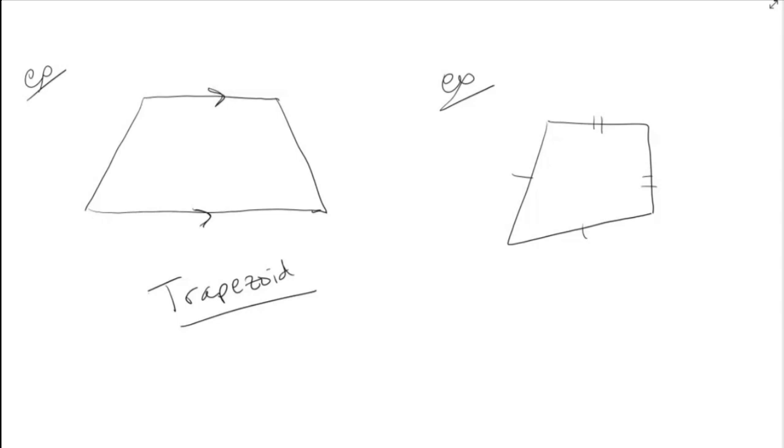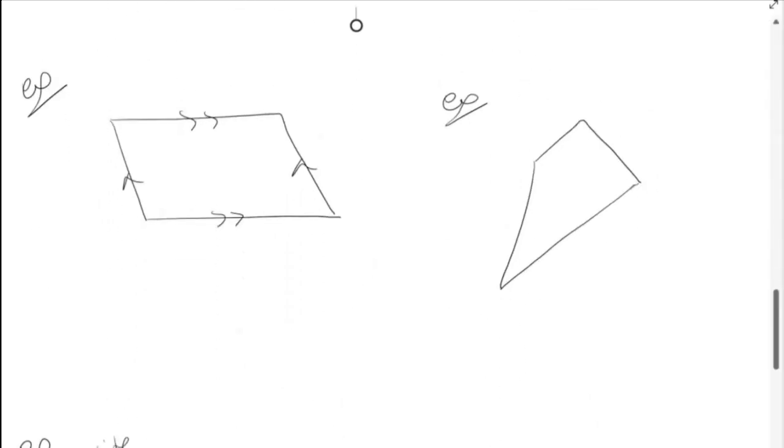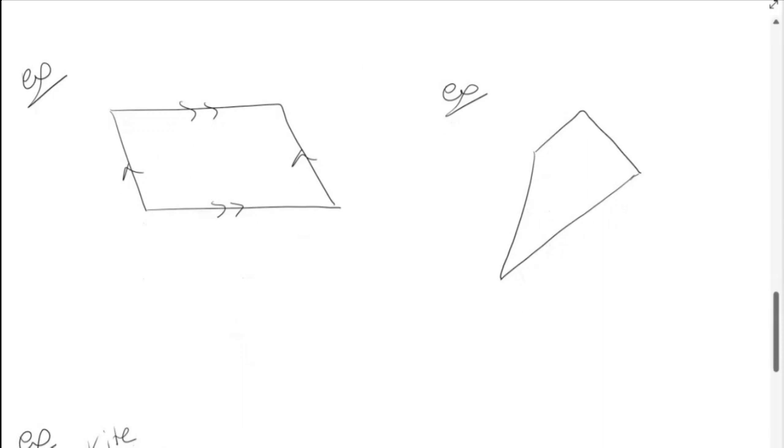Then next up, we have two sets of congruent sides that are adjacent and no parallel sides, making us a kite. All right. Finally, we have just 2 sets of parallel sides here. We don't know anything else, and so this is a parallelogram.